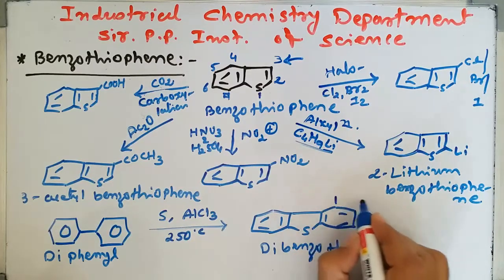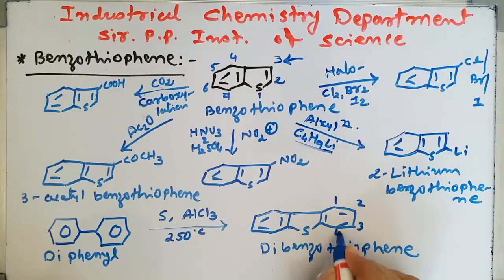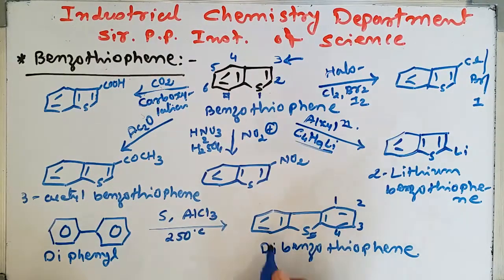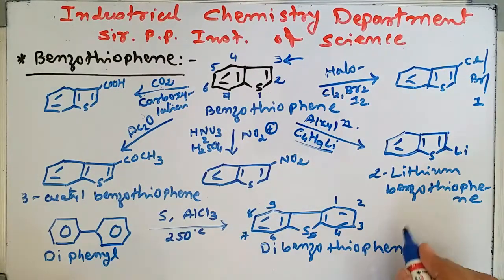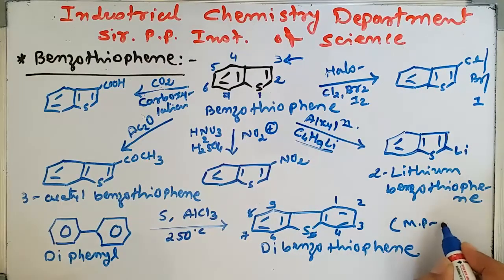And numbering starts from here. So the heterocyclic atom sulfur gets number 5, and a very important property is that its melting point is 100 degrees Celsius.